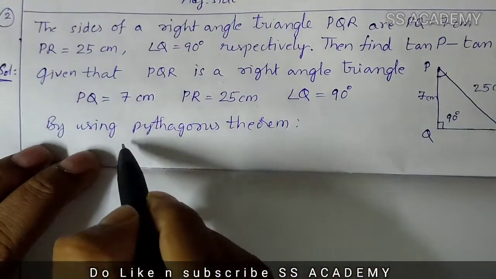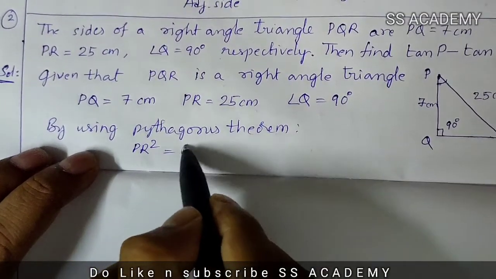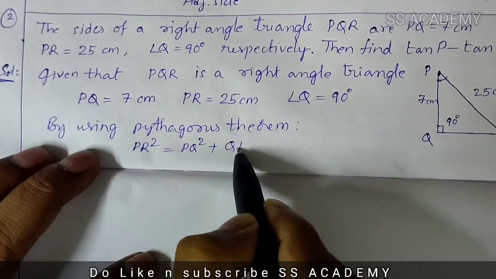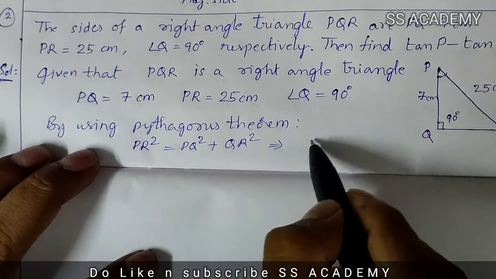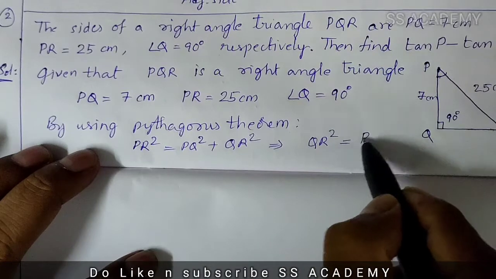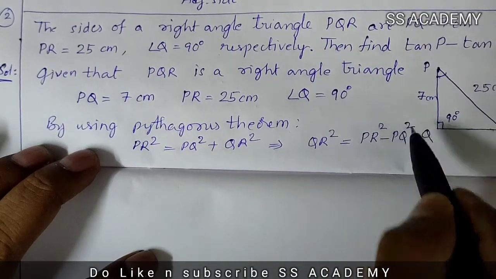So here PR square is equal to PQ square plus QR square. So here we need to find out QR. So QR square equals PR square minus PQ square.